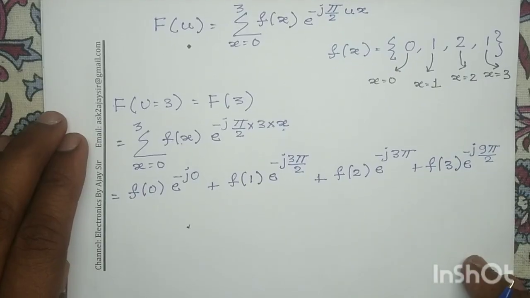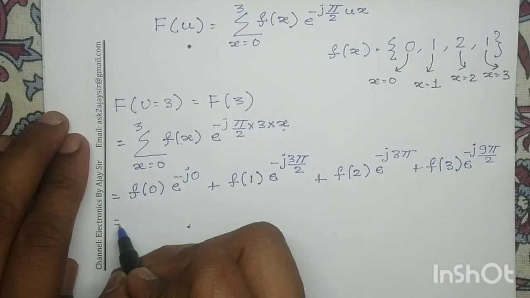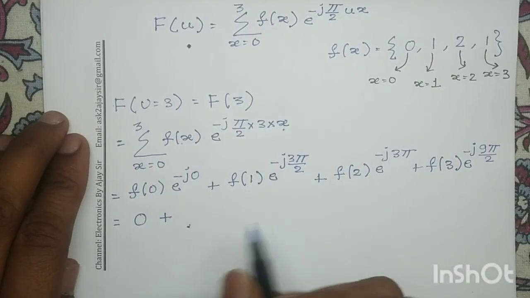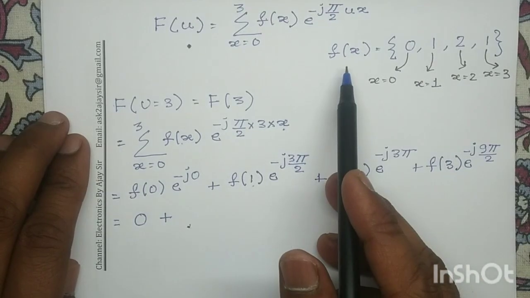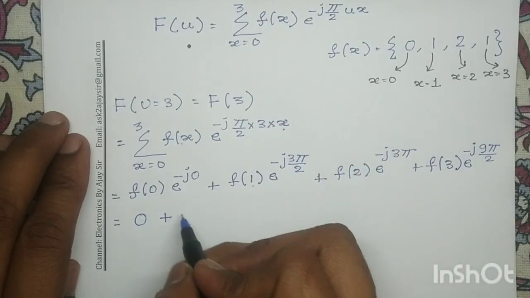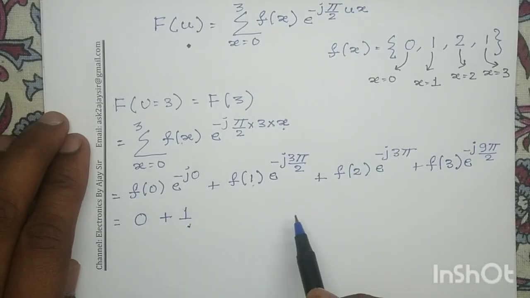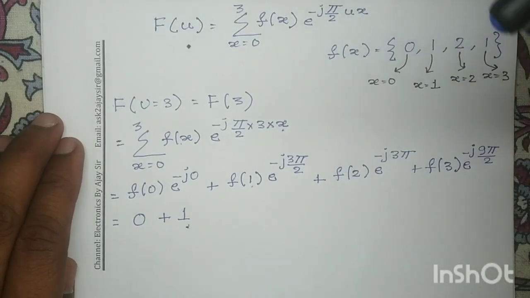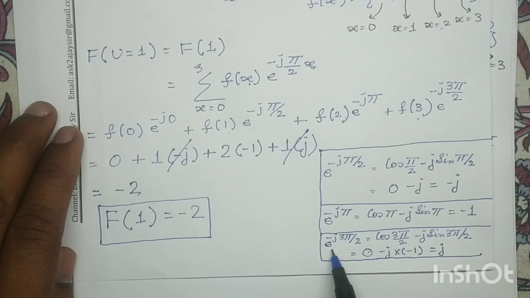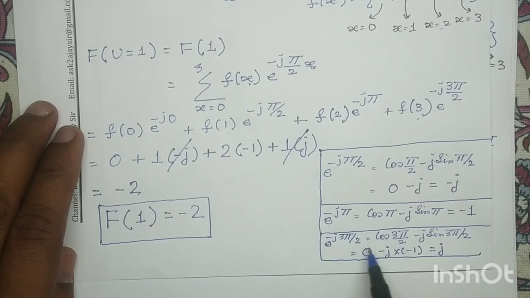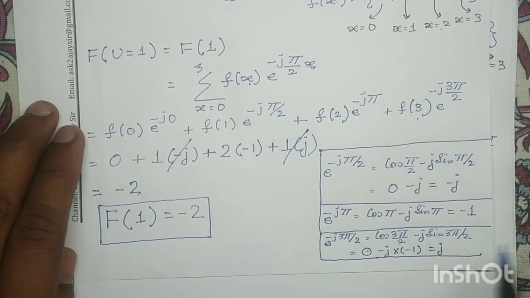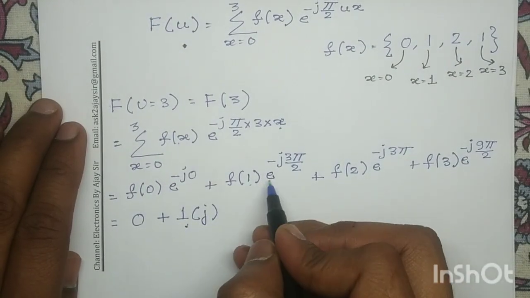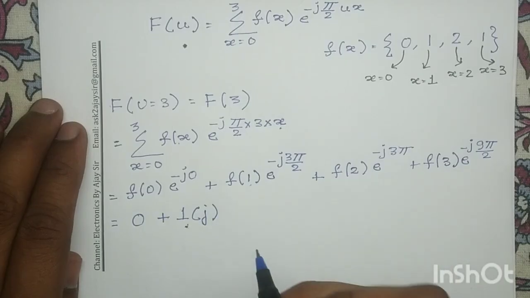Now we will substitute the values one by one. f of 0, that is f(x) at x equals 0, is 0, plus f of 1, that is f(x) at x equals 1, is 1, times e to the power minus j 3 pi by 2. We have earlier computed e to the power minus j 3 pi by 2 equals j, so I will substitute j.